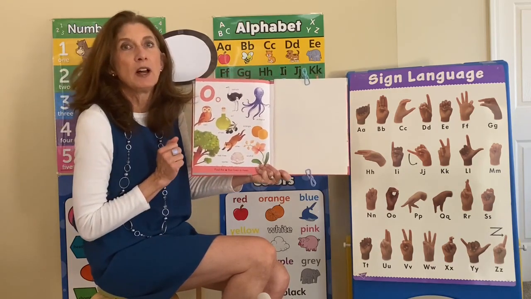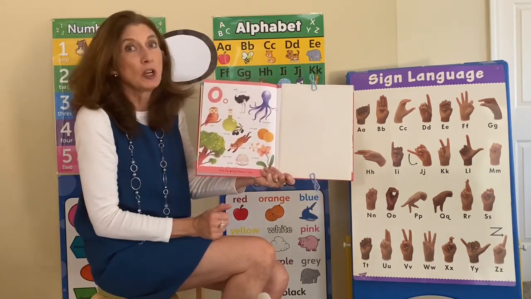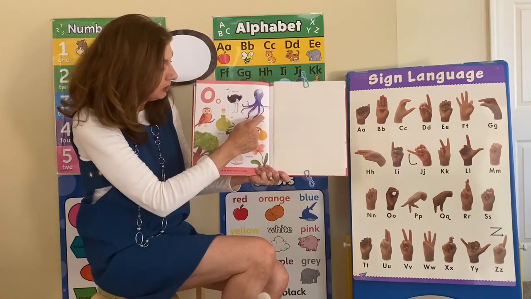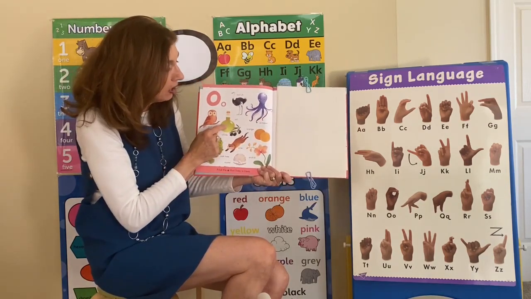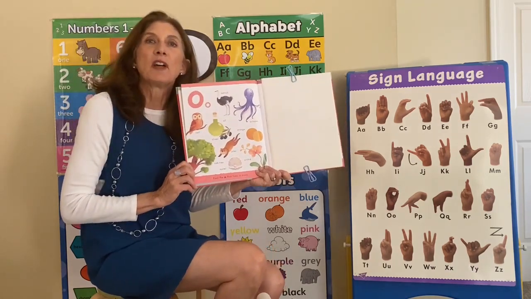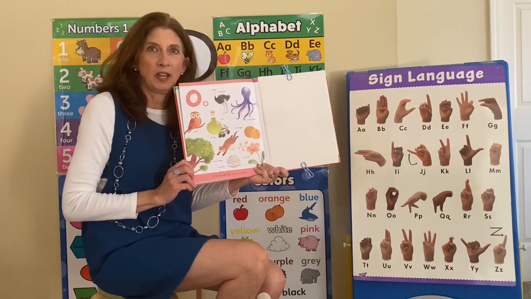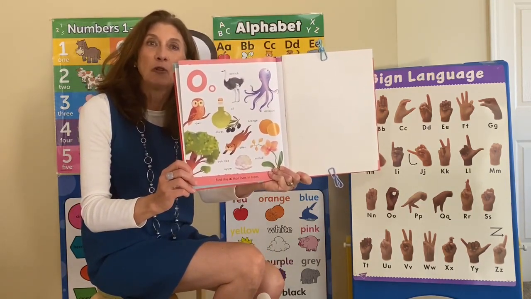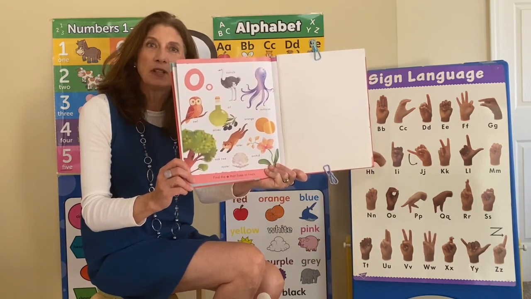Let's do a couple of the short ones, the short ah sound. That would be ostrich, octopus, olives, otter. Those are some of the ah sounds that we're looking for. Let's close the book and see if you can remember anything that starts with the letter O.